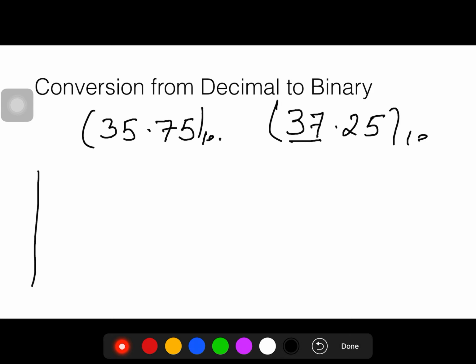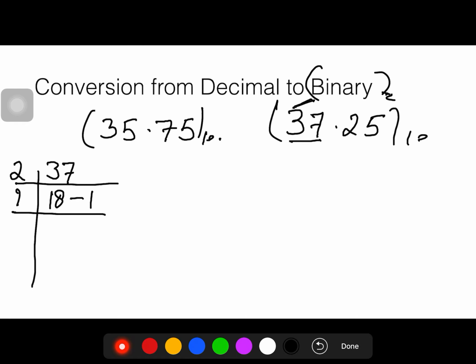For the integral part, we have discussed this previously. I am converting this number 37. Take 37, we have to go to binary and its base is 2. We will divide 37 by 2 and accumulate remainders.